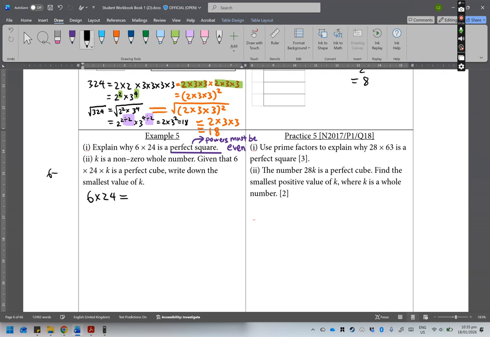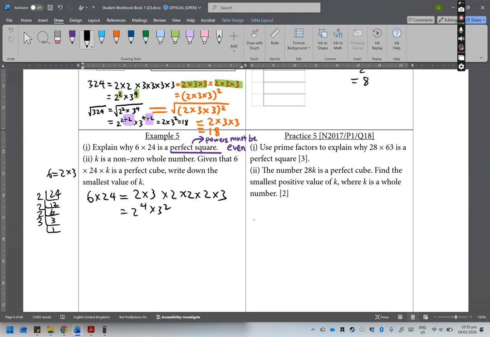So 6 will be 2 times 3. 24 will be 2, 12, 6, 3, so 2 times 2 times 2 times 3. Together, that gives us 2 to the power 4 times 3 squared.